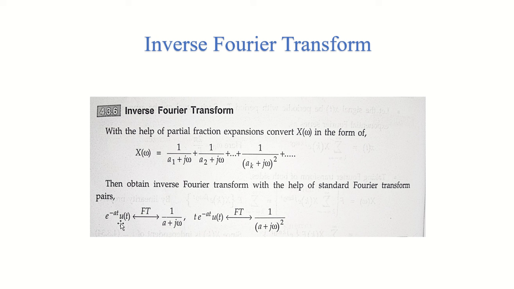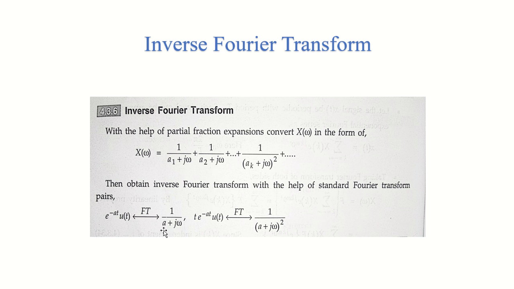This term 1/(a + jω) is in the frequency domain. So if I want to get back to the time domain, I can do the inverse Fourier transform, and I will get this term back. What it is saying is that we can find the inverse Fourier transform with the help of standard Fourier transform pairs.